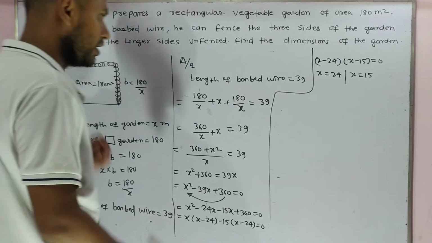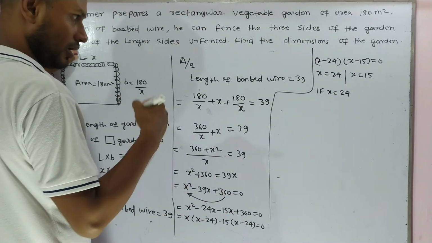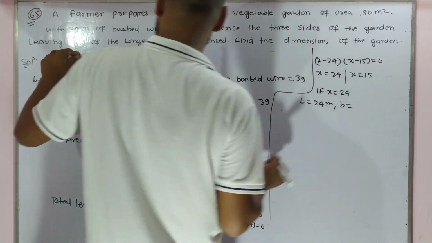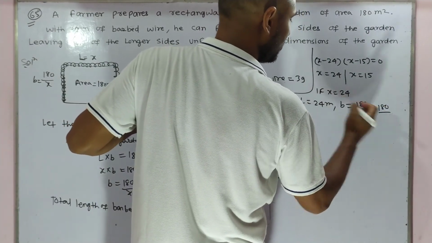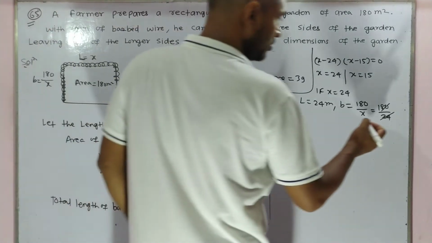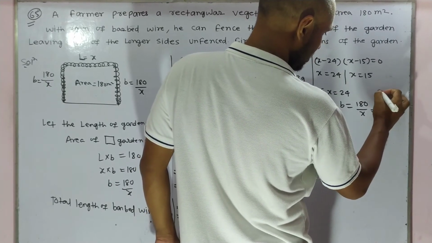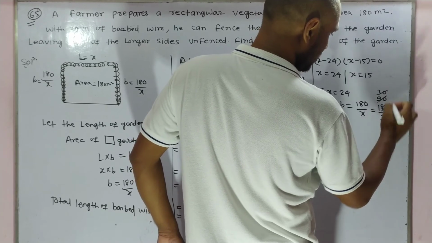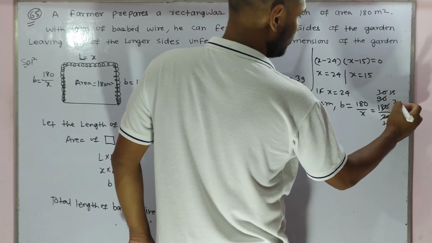If x equals 24, then the length is 24 meters, but the breadth becomes 180 upon x, 180 upon 24.